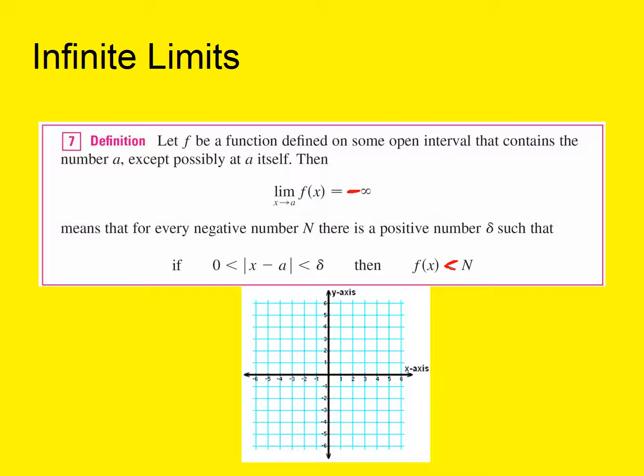So maybe y equals the negative of 1 over x squared. So here's that graph, and there's a number n that we could always go below as x goes to, for example, 0.